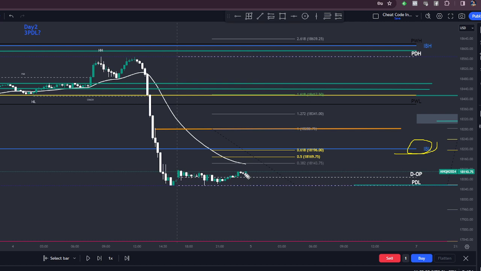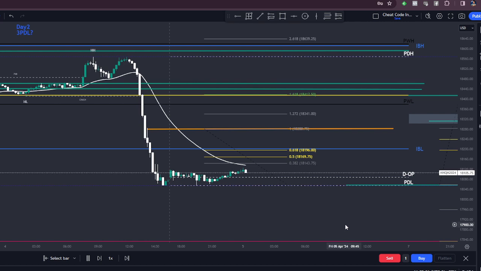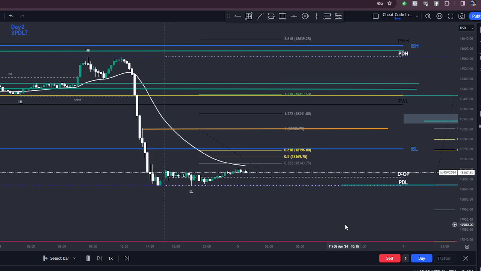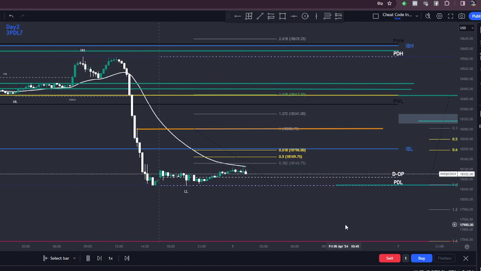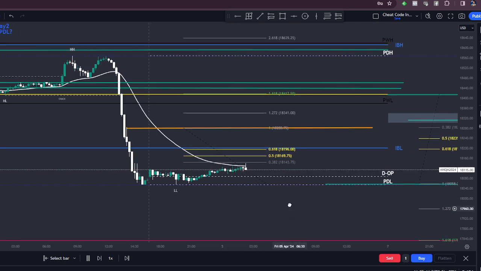So we could definitely come up here and get support or resistance. Don't know. And it's non-farm, 8:30, I believe it was. Yeah, 8:30 for me. Oh, 7:30 for me, 8:30 for Eastern. It's M15.